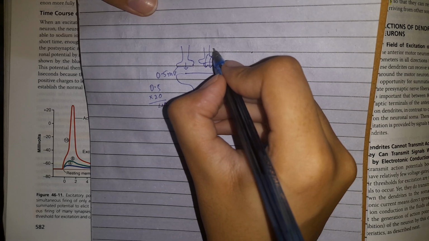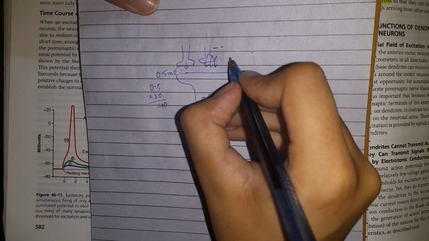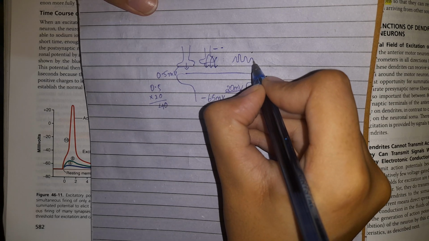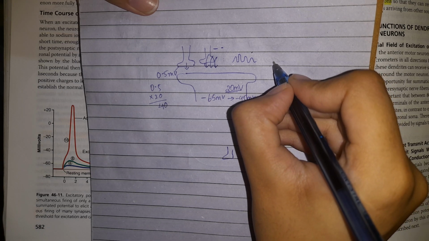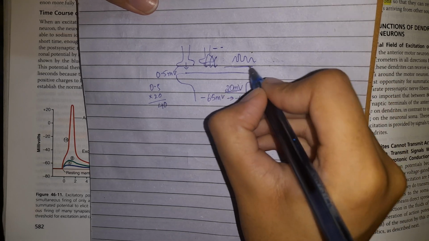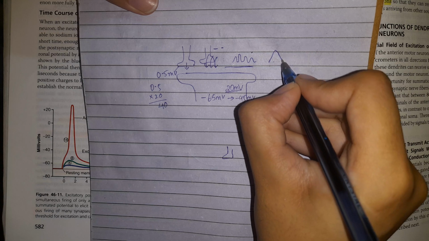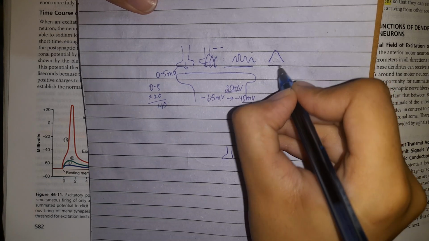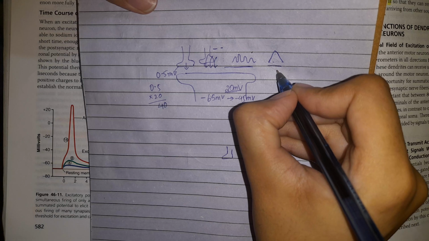The difference between the times is very small, and as a result, if we look at this firing level on a larger, macro scale, we can see that a firing level is recorded at this level. So this is how the temporal summation works.